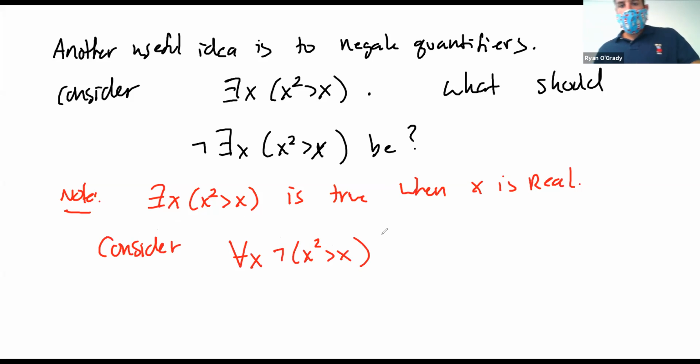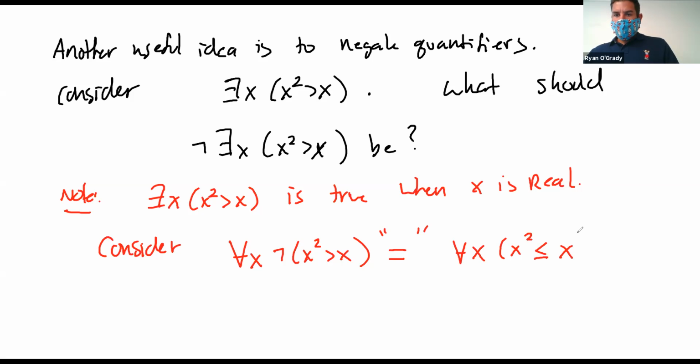Well, what's the negation of x squared greater than x? Well, you can be picky, but you might say that this is quote unquote equal to the statement for all x, x squared less than or equal to x. Yes or no?